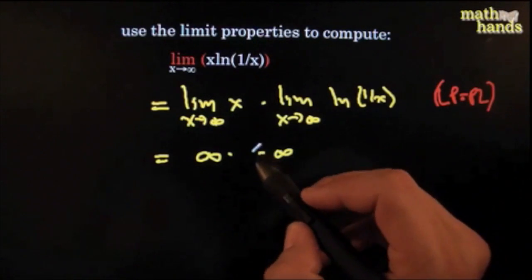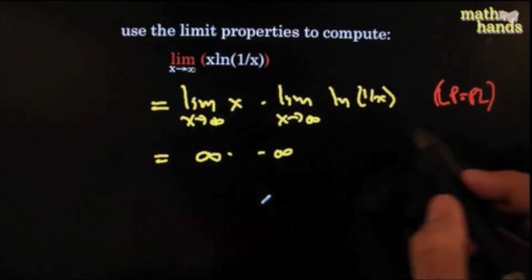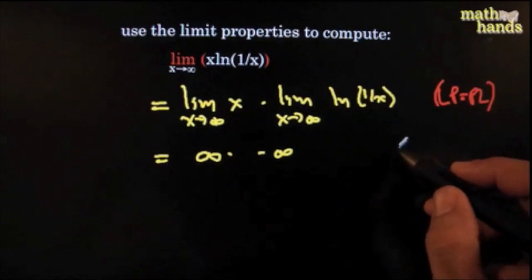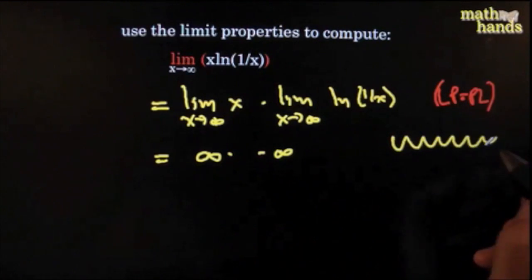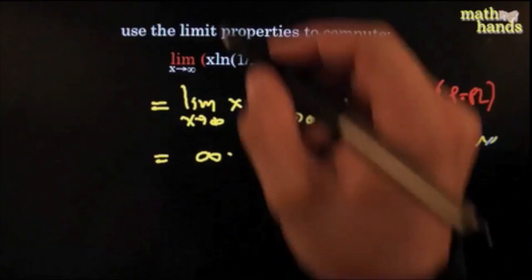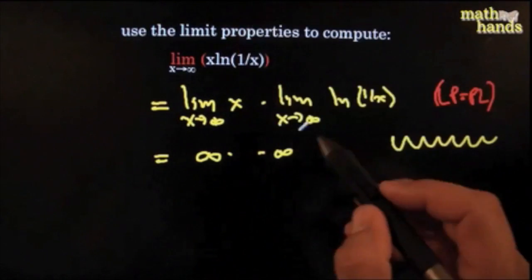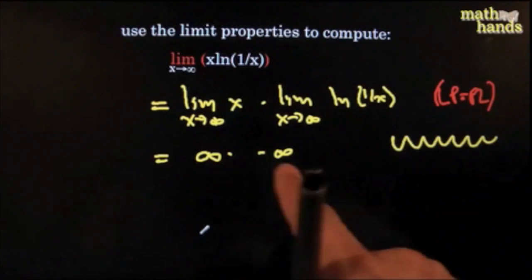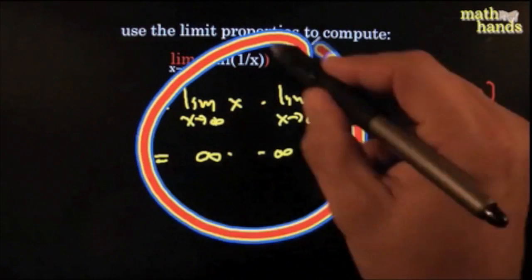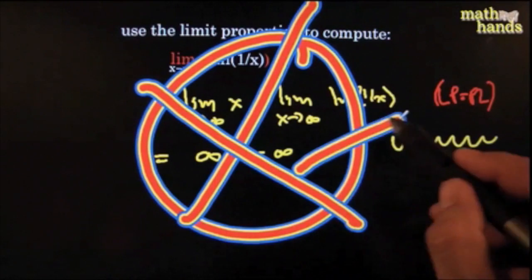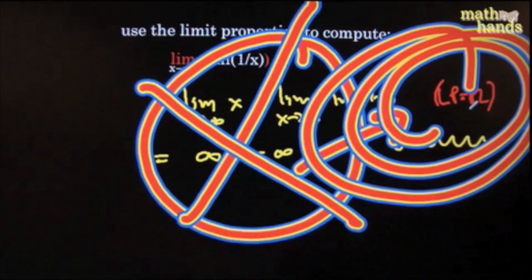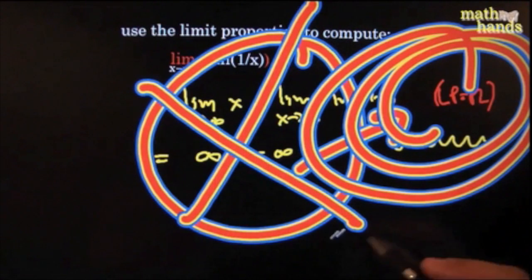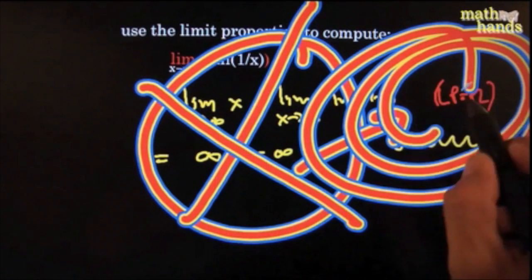Whoa. Whoa. That's my whoa sign. This is totally illegal. You see, these limits do not exist. Well, they exist, but they're not finite. So you can't be playing this game. That right there is a problem. When the whole point of that little asterisk was to be careful.